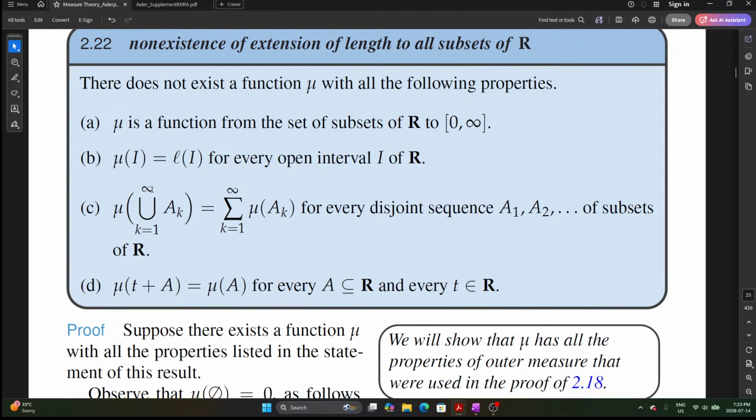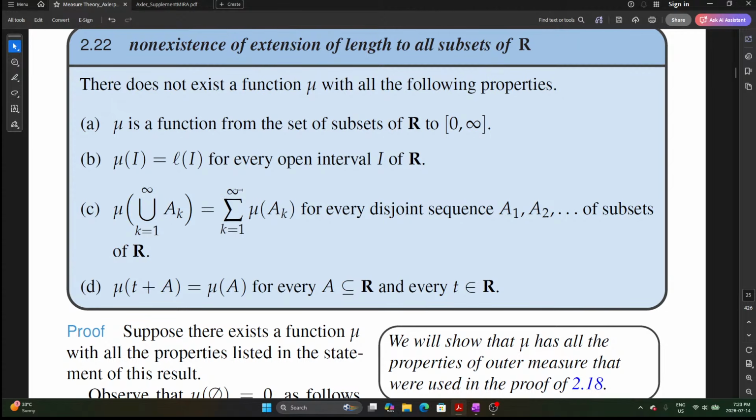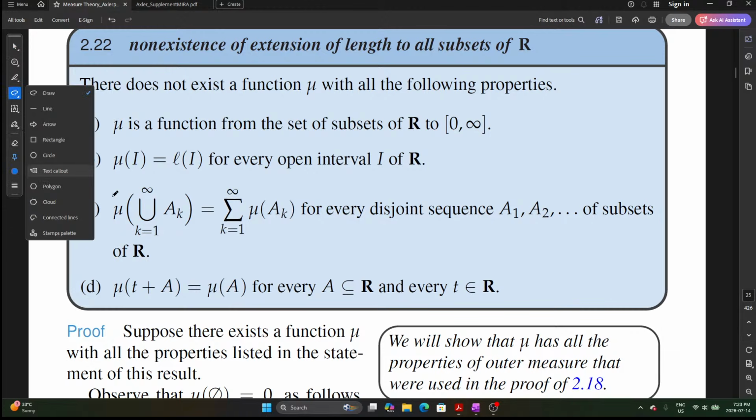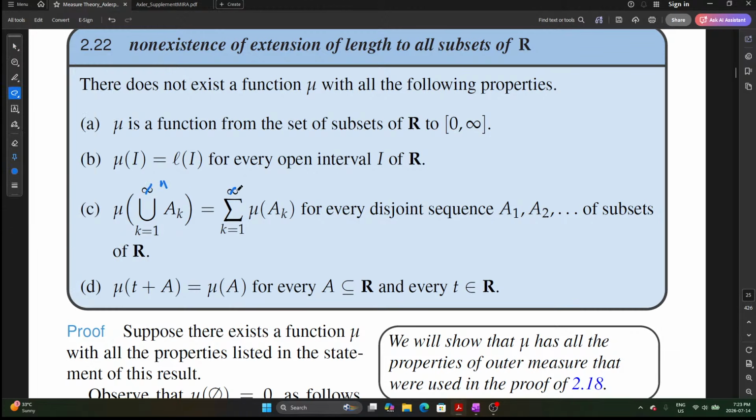So if you just replace the infinity sign by a little n, and at the end you say this is true for all n equals 1, 2, and so on, that would be finite additivity. The finite union, exactly, Vernon is very precise. This gives the notion of so-called Jordan content, Jordan measure, quote-unquote measure. So we usually call that Jordan content. That's a different theory.